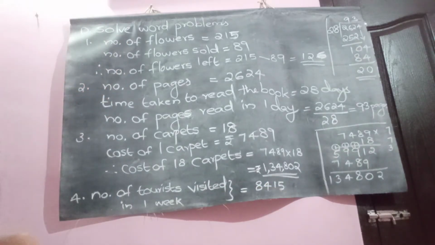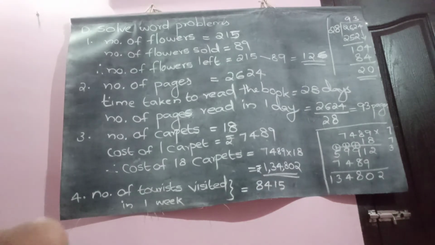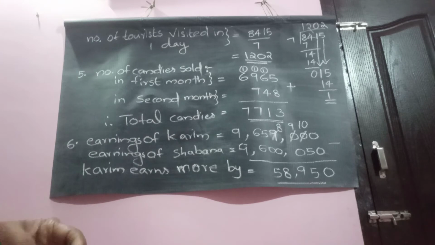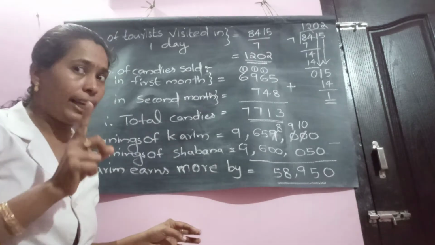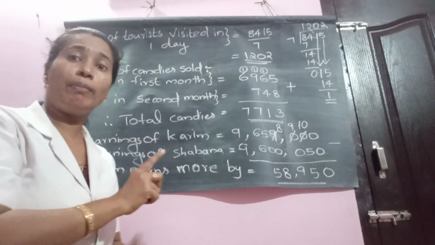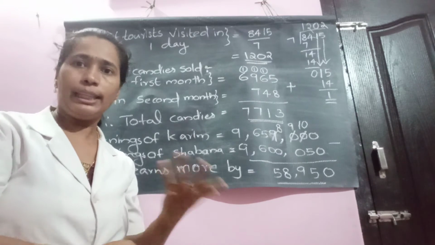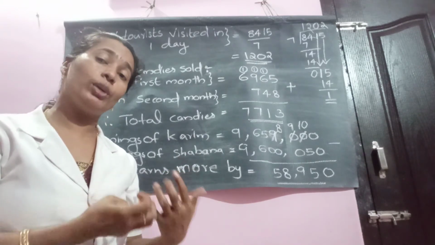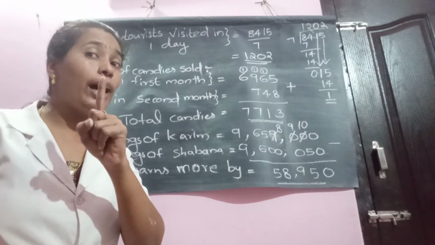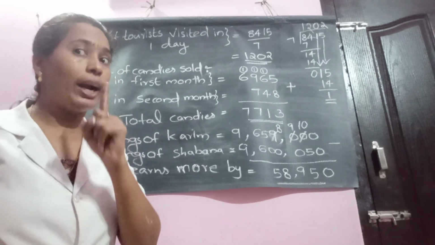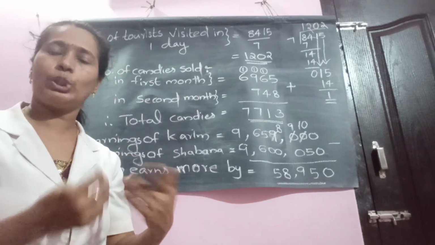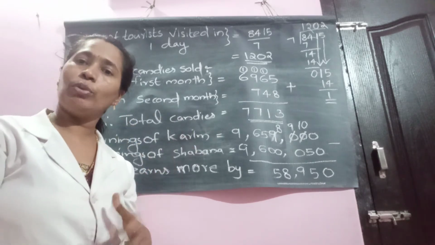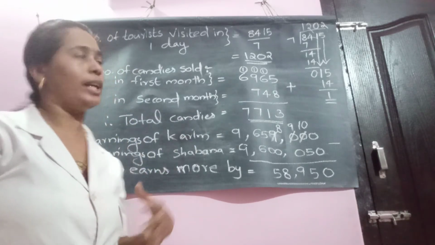So how can we find the number of tourists who visited in one day? 1 week means 7 days. For 7 days that many tourists have come to the mall. But how do we calculate the number of tourists in 1 day? When we want 1 unit or 1 quantity, we have to apply division.